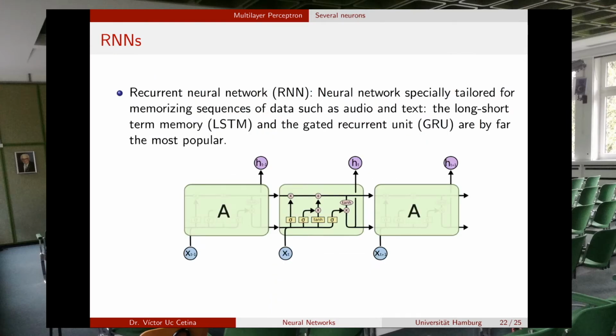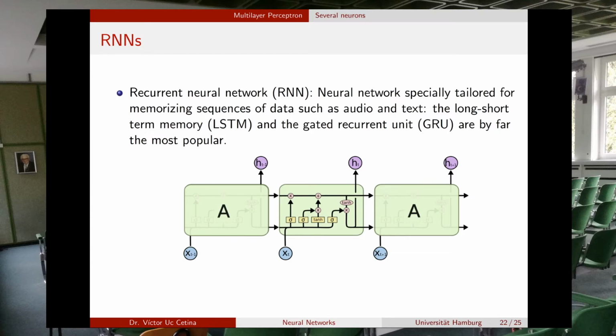Another kind of network is a recurrent neural network. These models are especially important for learning sequences of data. They can memorize sequences of data, and data that are naturally created as a sequence are, for example, audio information or text information.